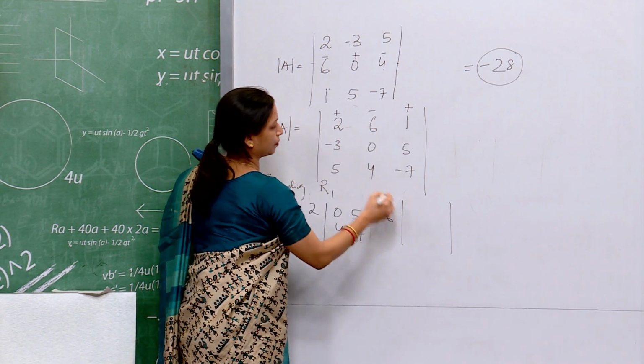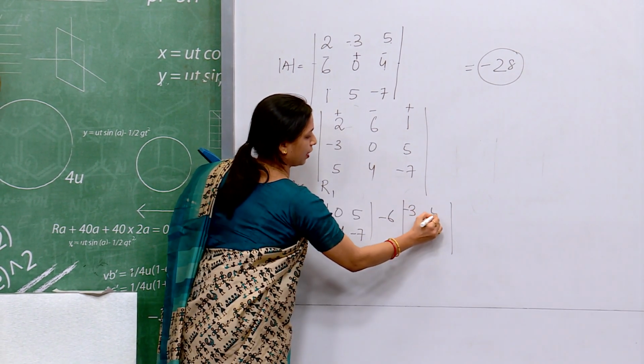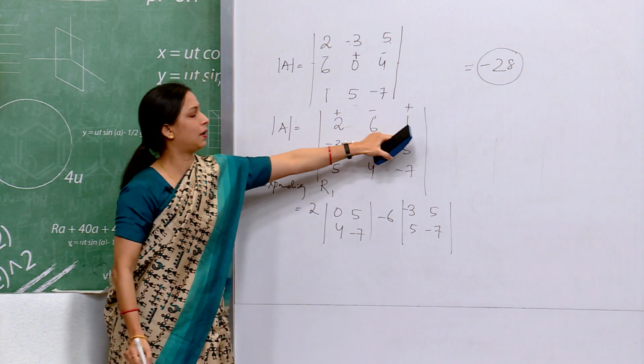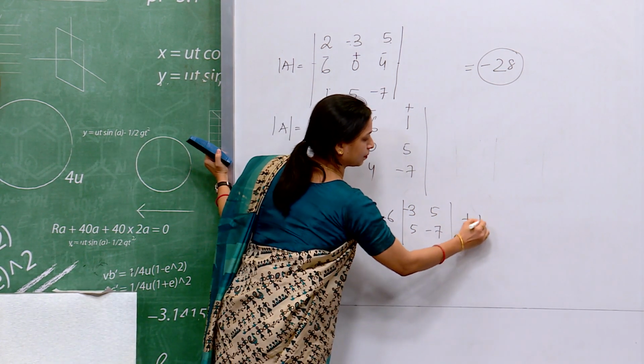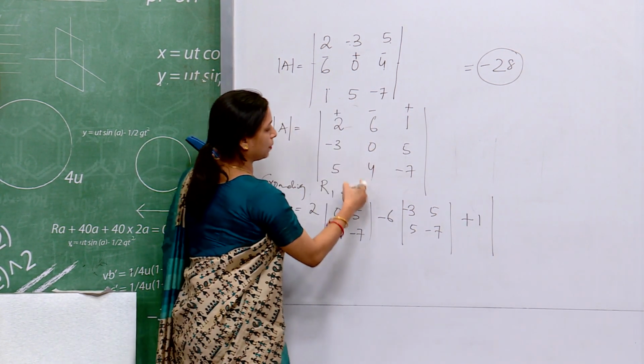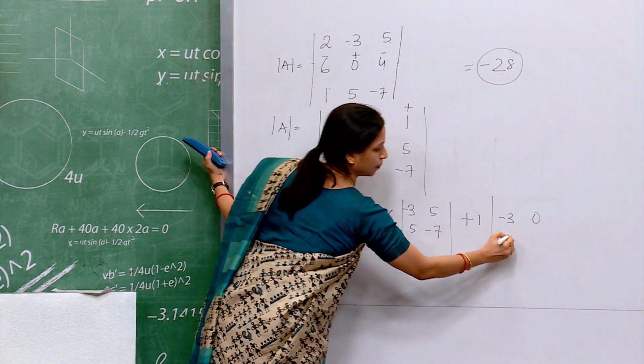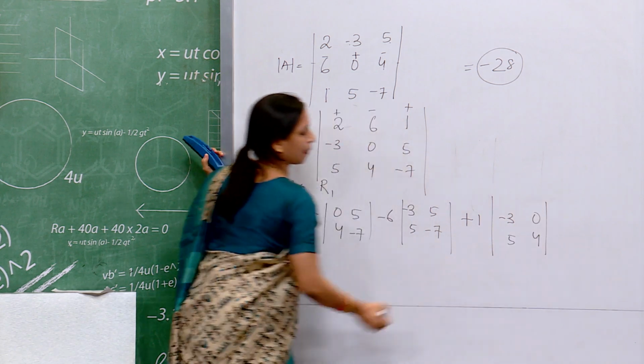So, here 3, minus 3, 5 and minus 7, here plus 1, and this second order determinant minus 3, 0, 5 and 4, right.